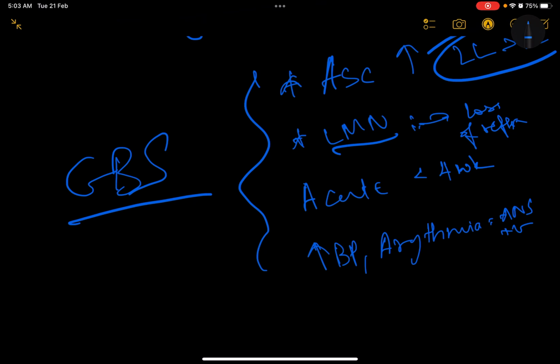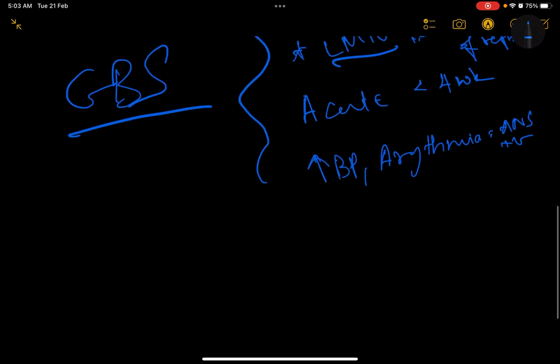But obviously CIDP would be more chronic than the Guillain-Barre syndrome that we're looking at. So you need to figure out if it's CIDP or Guillain-Barre. So far we are thinking in terms of Guillain-Barre because it's ascending, it's LMN, it's acute. And usually this is the kind of case presentation that we have. So let's directly get into Guillain-Barre syndrome.